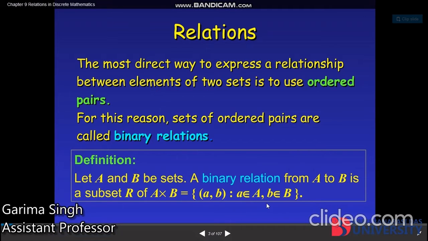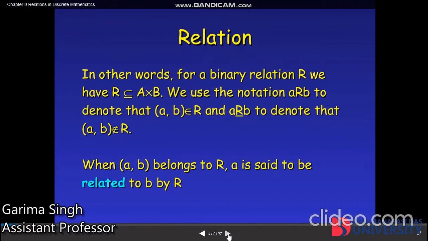Where (a, b) is a pair in the relation, where a belongs to A and b belongs to B. In other words, for a relation R, we have R is a subset of A cross B. We use the notation a R b to denote that (a, b) belongs to the relation R, and a R-bar b to denote that (a, b) does not belong to R.